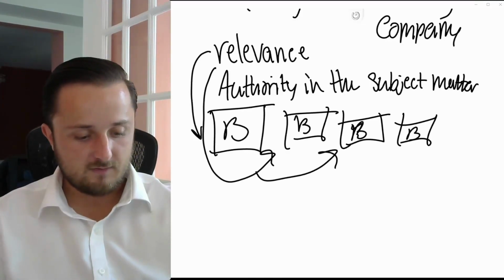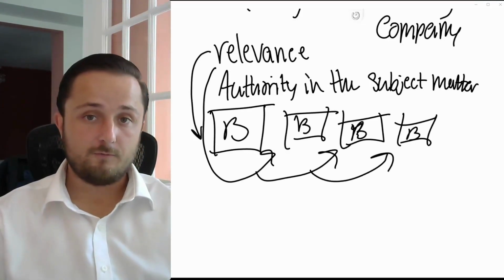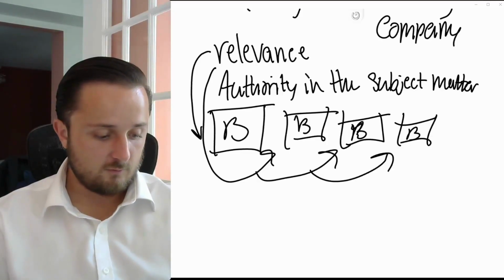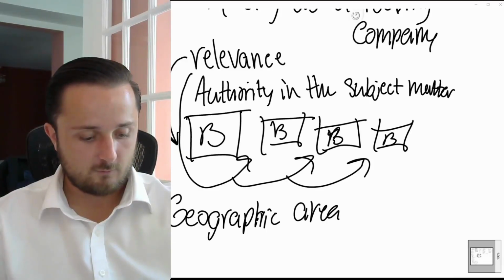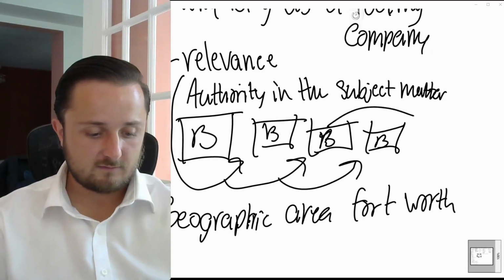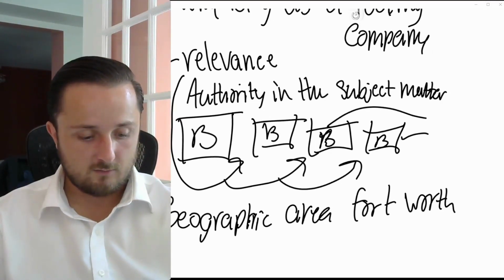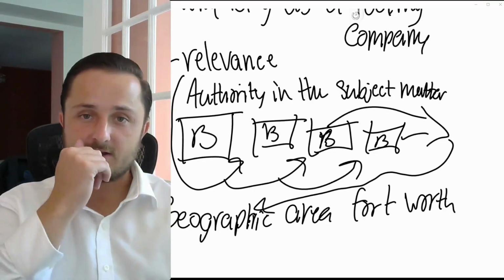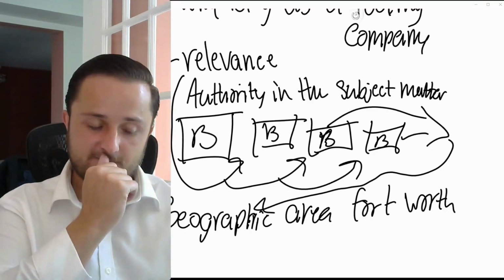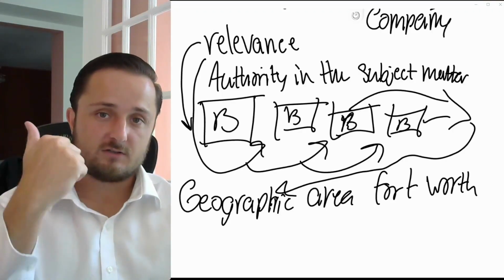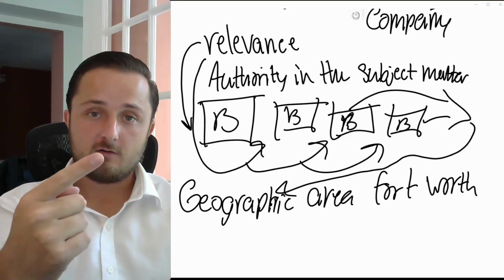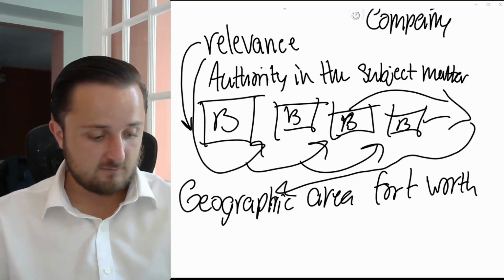This is not only relevant to roofing, but is also relevant to our geographic area that we serve, which is Fort Worth. So a couple of these are going to be tourist attractions, things to do in Fort Worth. This is going to give Google more relevant information on where we are geographically, right?